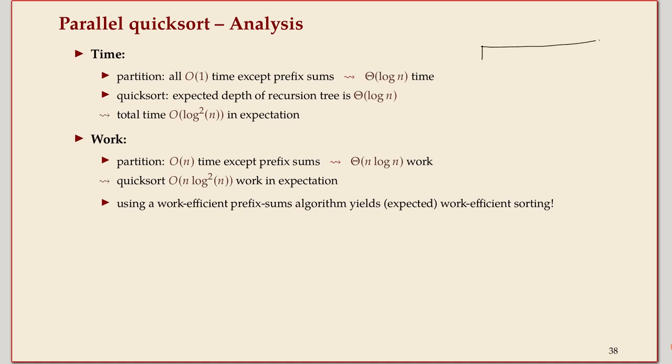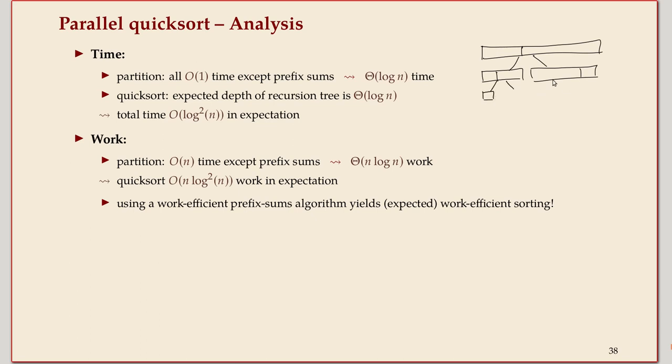Okay, very quick picture on this. So the parent might split this in here. Then the next part, so this is one node in the recursion tree. The next one might split it like this.